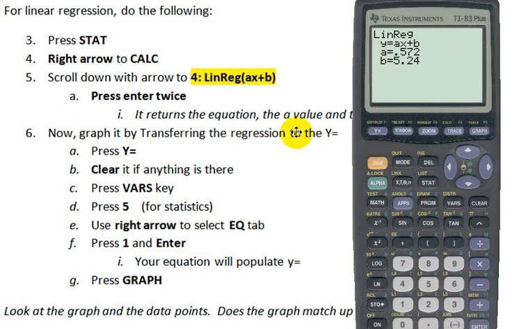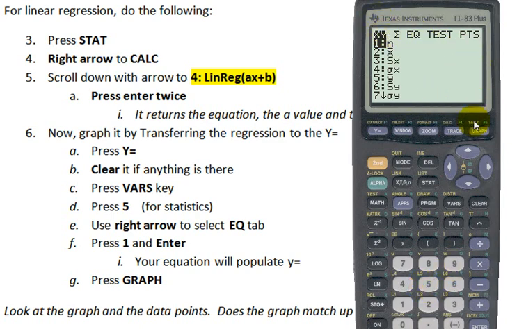So now to graph this, we're going to transfer our regression to our y-equals. So go to y-equals and, if there's anything in your Y1, clear it out by hitting the clear button. Now press the VARS, the variables key, and press number 5 for statistics. Now, in statistics we're going to get the equations.